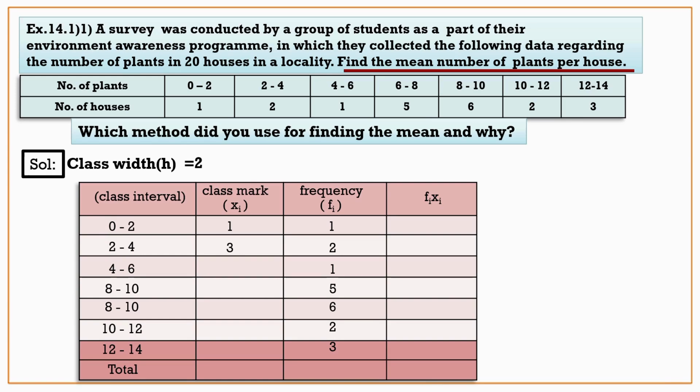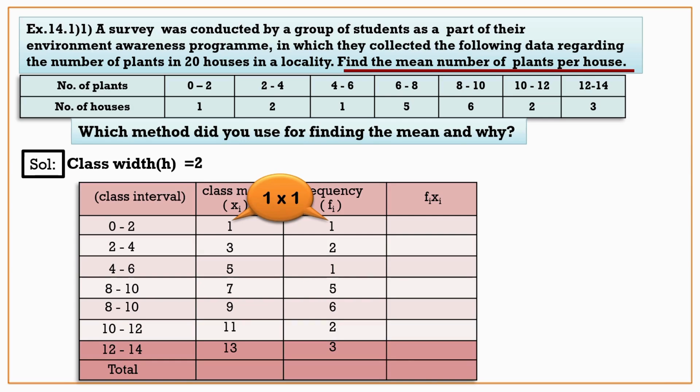Since we know the class width, it's better to just add the class width to the previous class mark. So 1 plus 2 will be 3 now. Then 3 plus 2 will be 5. This is a quicker method. You can also do lower limit plus upper limit by 2. Then 7 plus 2 is 9, 9 plus 2 is 11, and 11 plus 2 is 13.